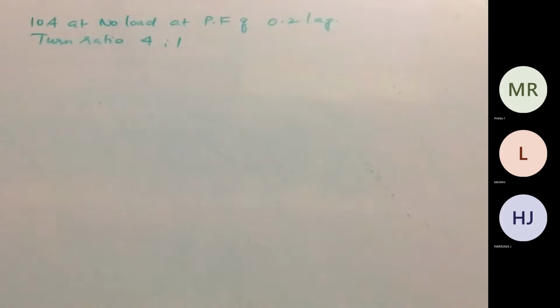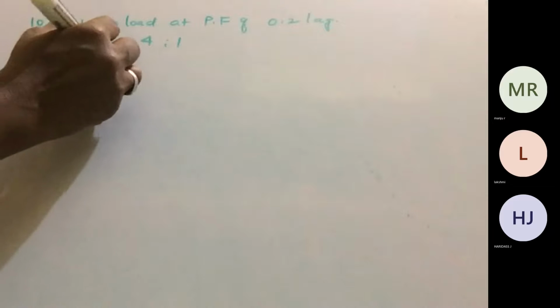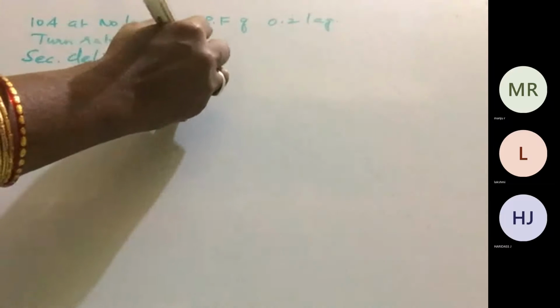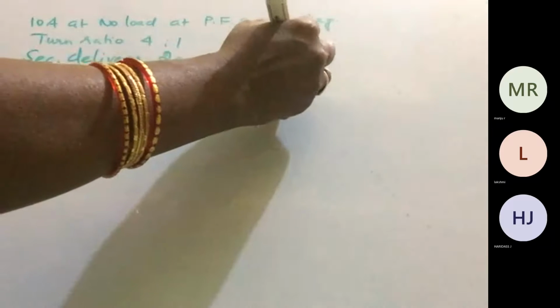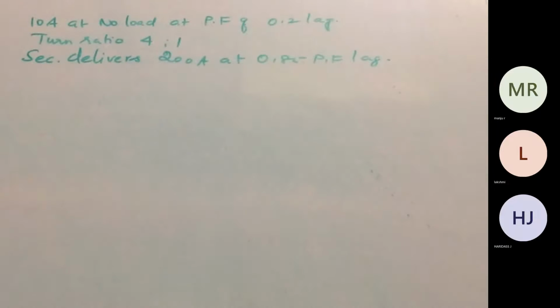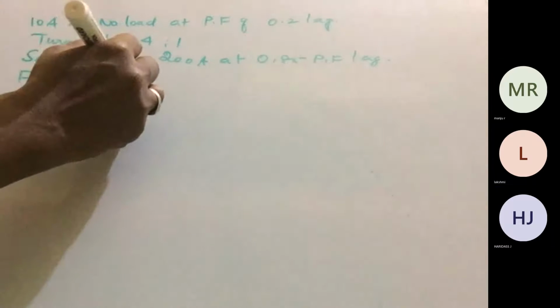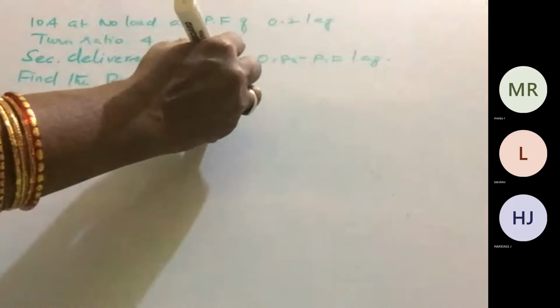If the load on the secondary delivers 200 amps at 0.85 power factor lagging, find the primary current and power factor.